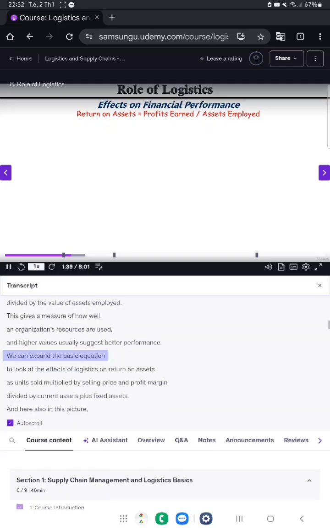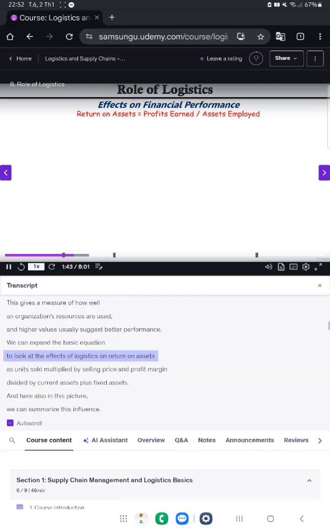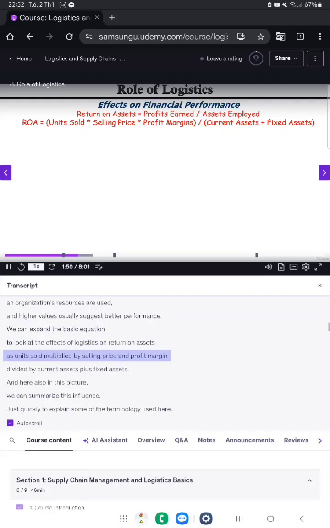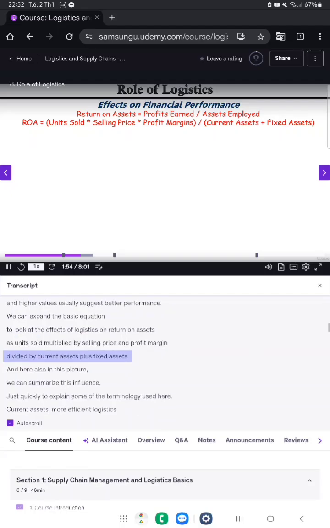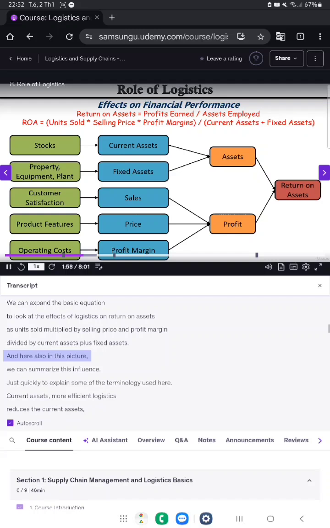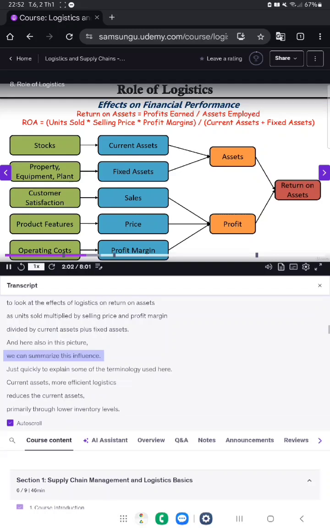We can expand the basic equation to look at the effects of logistics on return on assets as units sold multiplied by selling price and profit margin, divided by current assets plus fixed assets. And here also in this picture we can summarize this influence.